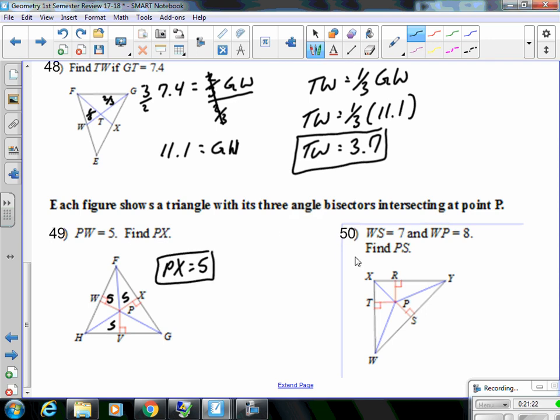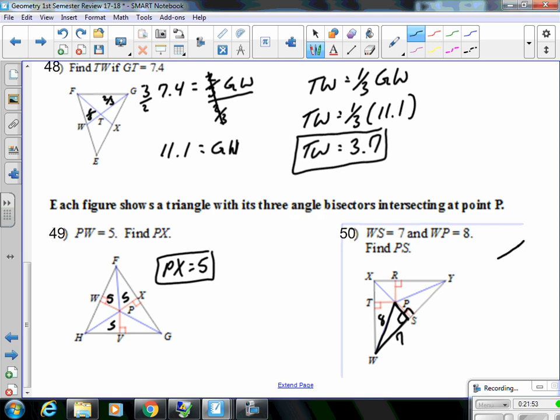And then lastly, 50: WS equals 7, WP equals 8, and we're trying to find PS. So if we look there, we've got a triangle, which, since there's a right angle over on the right side, it's got to be a right angle on the left side, so that makes that a right triangle that we're looking at.